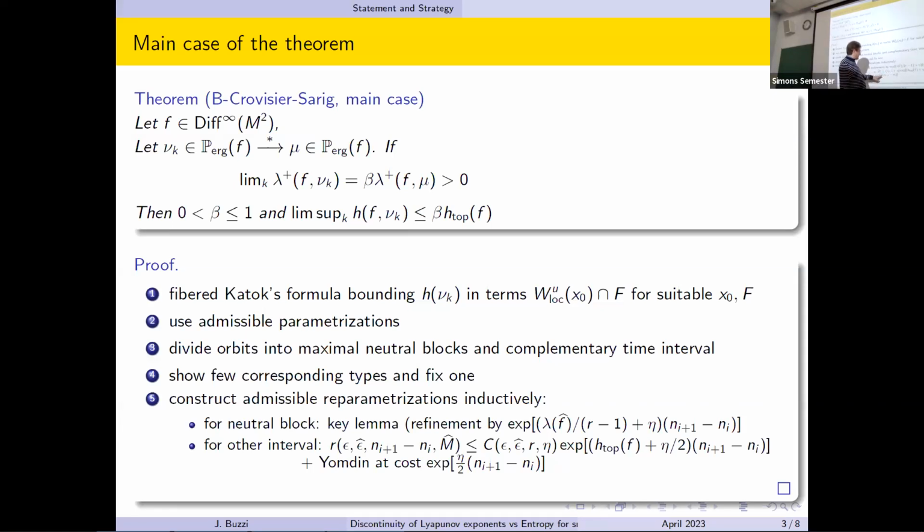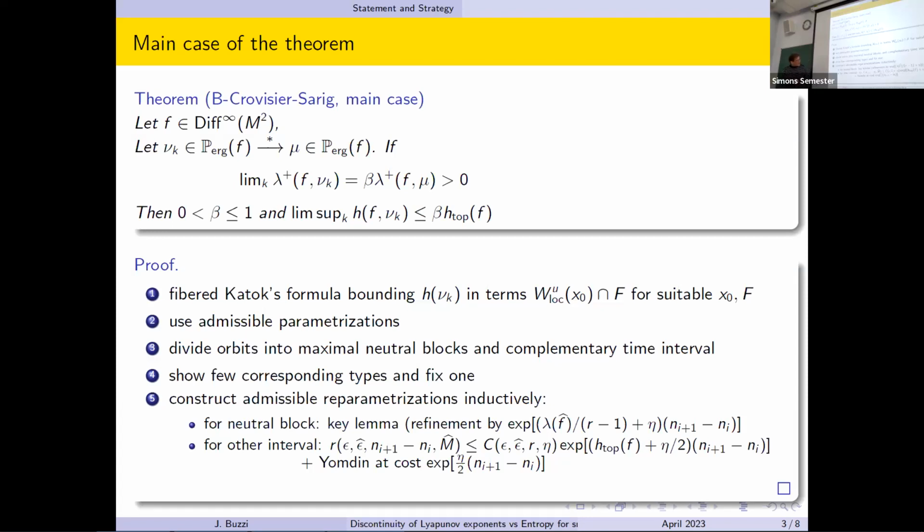Sorry, here I missed the main term, which is this lambda of f hat divided by r minus 1, which comes in addition to the number of dynamical balls. This is the game we are going to play. At the end, we have these two types of intervals. On each, we have a bound, and we want to get a bound whose exponent is arbitrarily close to this thing.